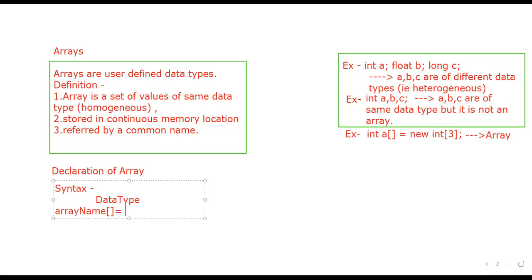Then is equal to new, then data type, very good. Then in the brackets, the number of elements, which is called the size of the array. Then a semicolon. You can call it array size or size of array, whatever you want.